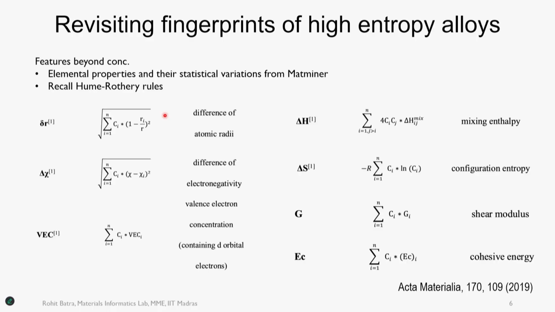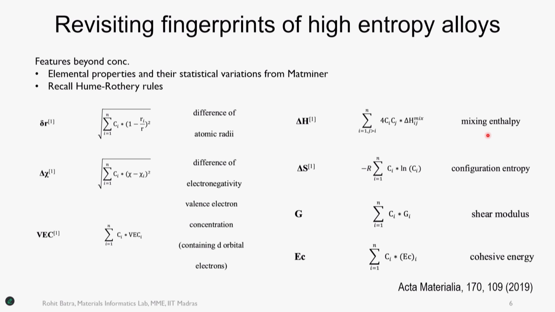Yeah, and then this is one paper in which they made features. Is this the same paper that we referred to in the tutorial? And these are the features that they used. So not only did they use the composition, not just the elemental properties, they also used atomic radius difference and electronegativity. You can also use CALPHAD.